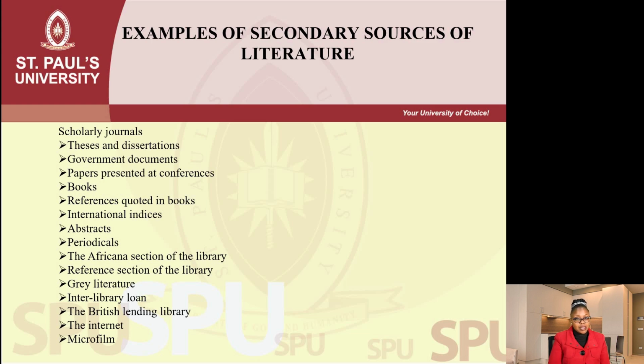If it's a physical library, then it is well labeled. And you can use any of these, like you have stated. You can look at a dissertation, a government document, or a book, depending on what you want to research on. There's also an Africana section, a reference section. All this can help you to get a literature review.